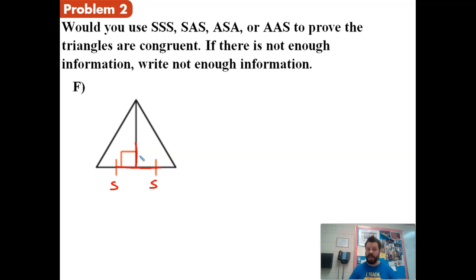And since one of them is 90, the other one has to be 90 as well, because 90 plus 90 would give us 180. So here we do have a set of angles. And then once again, like we've seen a few times, these triangles share a common side, so that's a second side we know. So this one we can say is congruent by side, angle, side once again.